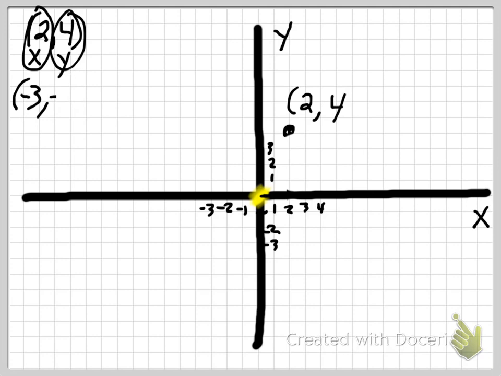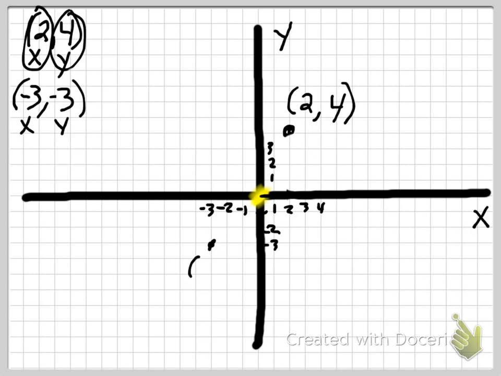It goes down just a little bit farther. Let's say -3, -3. So again, I'm going to start at the origin. On my x-axis, I'm going to go to -3, so I went to the left 3. On my y-axis, I have to go down 3. So that's going to put me right there. This is our point, -3, -3.